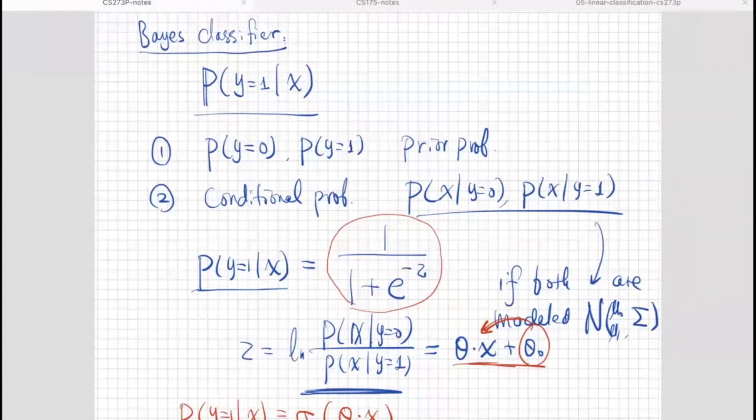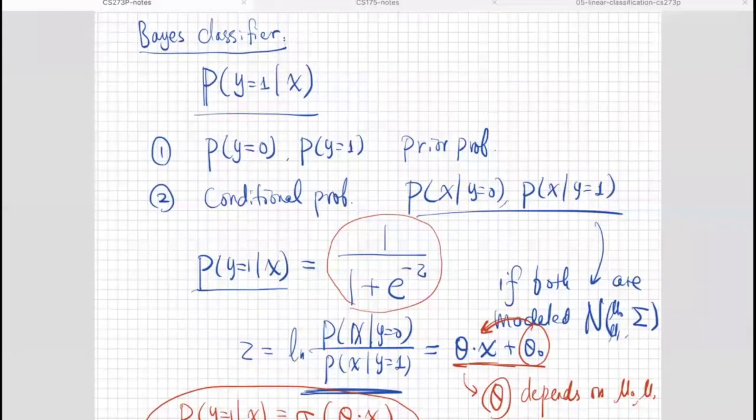Now if you look at this, it has a more interesting meaning. The parameter theta depends on mu 0 and mu 1, combined. If you remember the formula, it's the difference between mu 0 and mu 1, transformed by the covariance matrix.